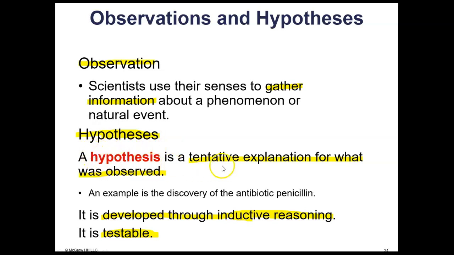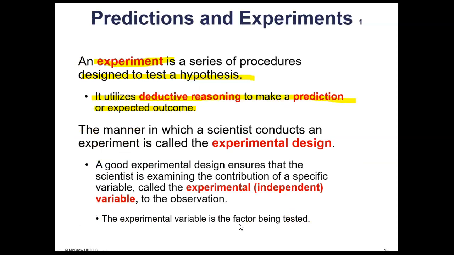The hypothesis is a tentative, and this is a definition you need to know, a tentative explanation for what was observed. And then an example is the discovery of the antibiotic penicillin. You develop your hypothesis through inductive reasoning, and you have to make sure it's a statement, so it has a period at the end, it's not a question, and that it is testable.